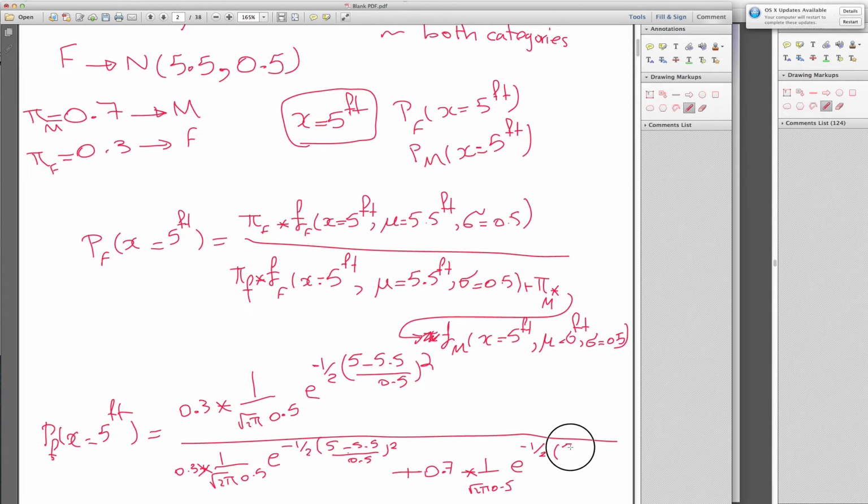Our observation is still 5, but the mean of males was 6, divided by 0.5. It's easy to show these terms will be cancelled.